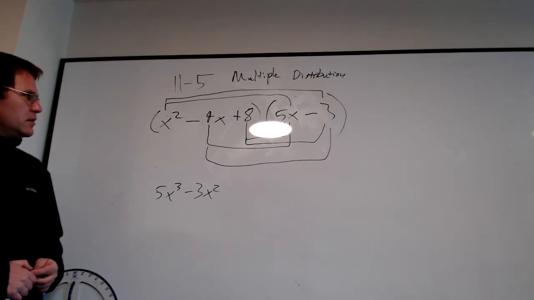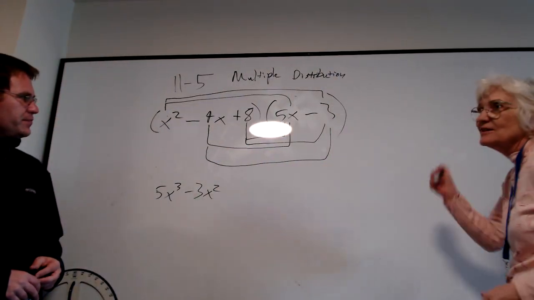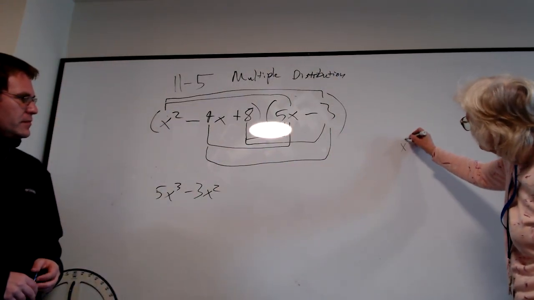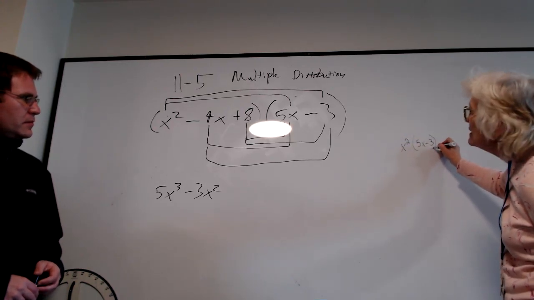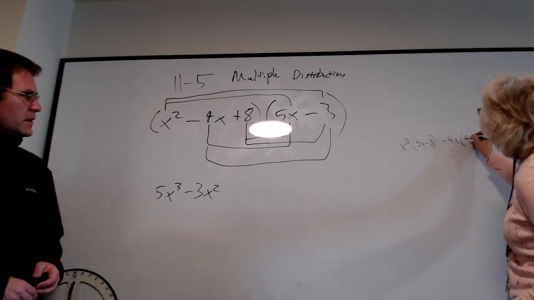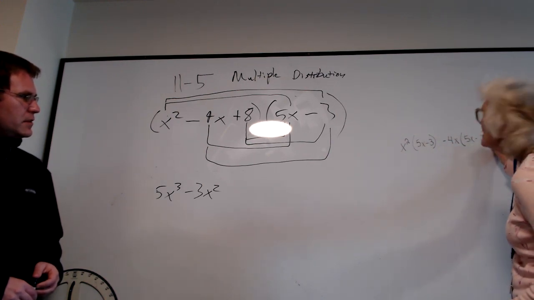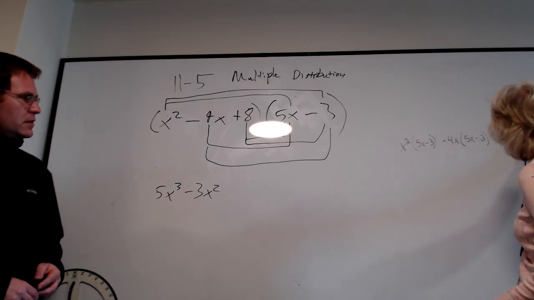I'll show you one other way real quickly. I haven't shown you this. Another way is to do this. You go x squared times 5x minus 3, minus 4x times 5x minus 3, plus 8 times 5x minus 3.